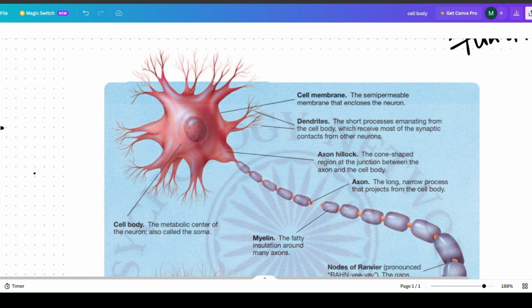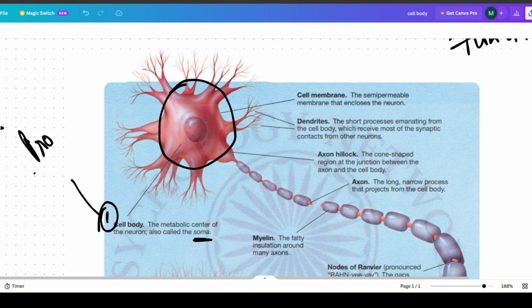So let's start with the cell body. This entire thing you see is the cell body. The cell body is also called the soma. Now, what is the work or function of the soma or the cell body?